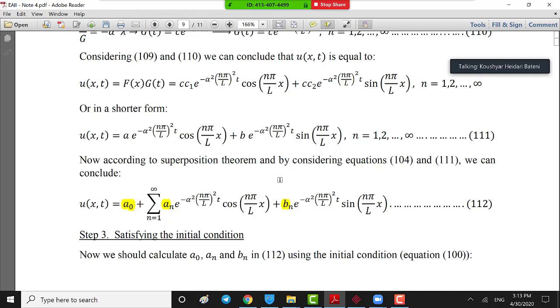Now, in Van de Heat equation type 5, going through the third step is a little bit more tricky because here we have both coefficients of sine terms and coefficients of cosine terms, plus we have a constant a0 that we need to deal with.